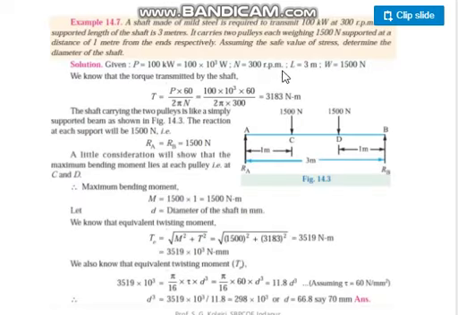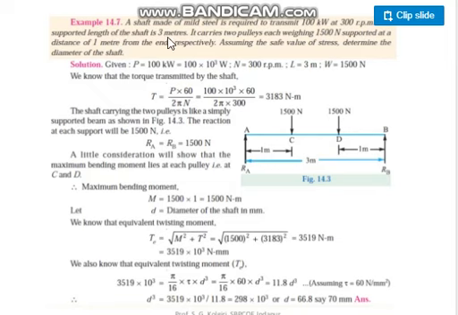Okay, let us see another problem here. A shaft made of mild steel is required to transmit 100 kilowatts. See, this is power. Kilowatts is power, not torque. Torque will be Newton meter. 100 kilowatt at 300 rpm, and the supported length of the shaft is 3 meters.